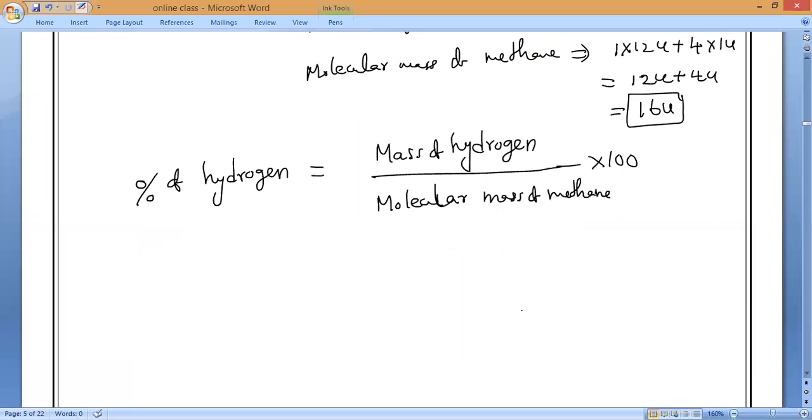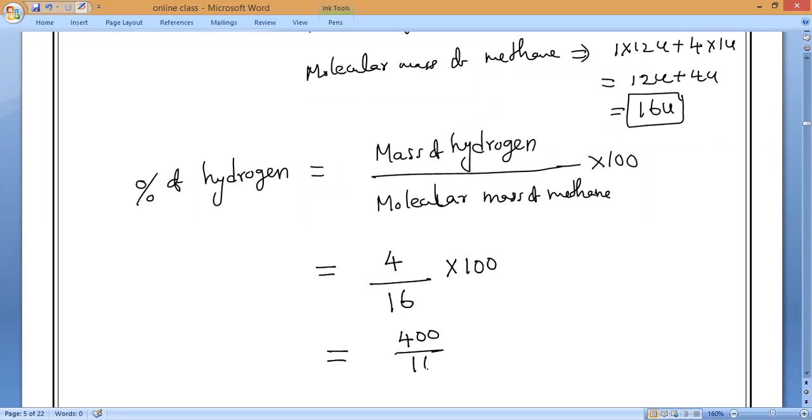So now, substitute it. Mass of hydrogen, 4, divided by molecular mass, 16, into 100. So now if you solve this one, how much will it come? Everybody? 25%. 25% will come. Just check it. 4 into 100, 400.